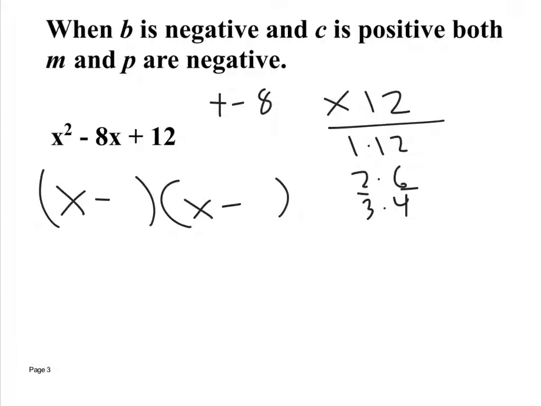Usually I write that out first and then find the two numbers, 2 and 6. If you want to check, you can always FOIL these out and you would get this right here. So then you did it right, and you don't have to try any of the other numbers. It must be negative 2 and negative 6. Any questions on how to do that?